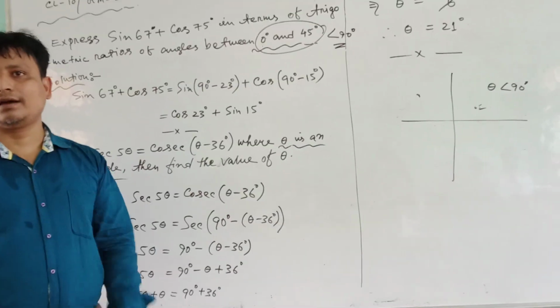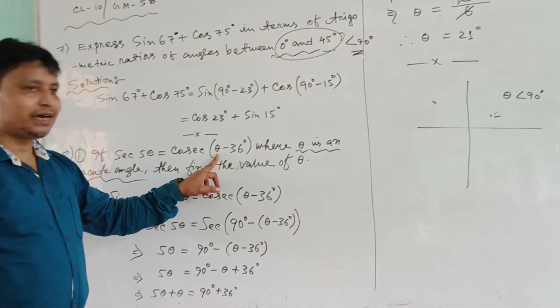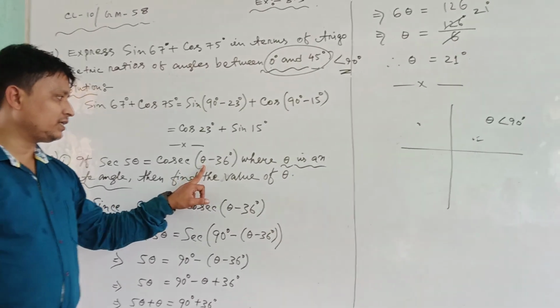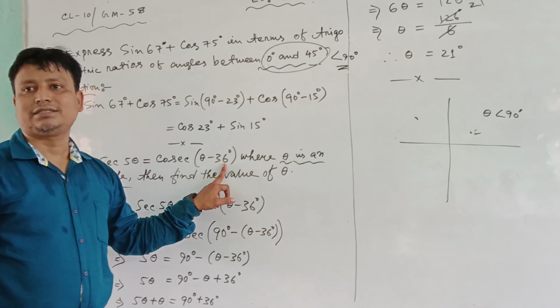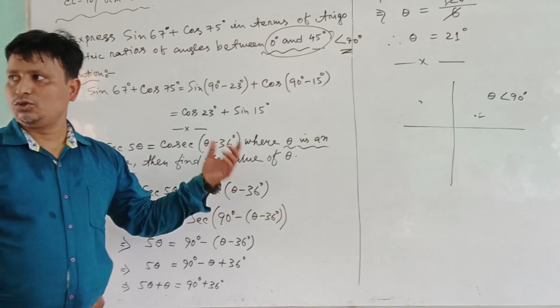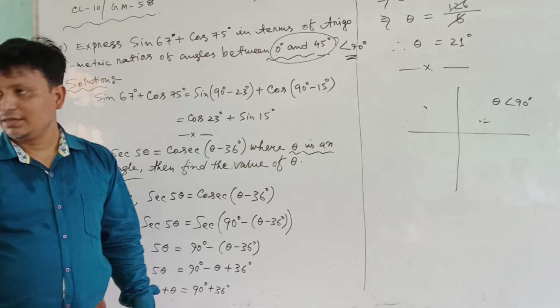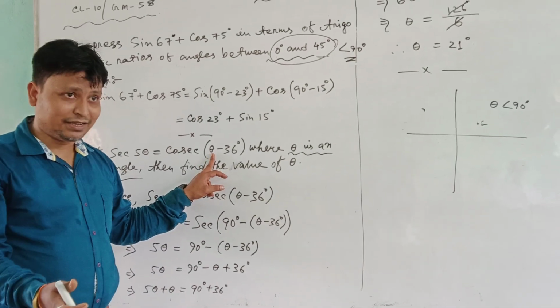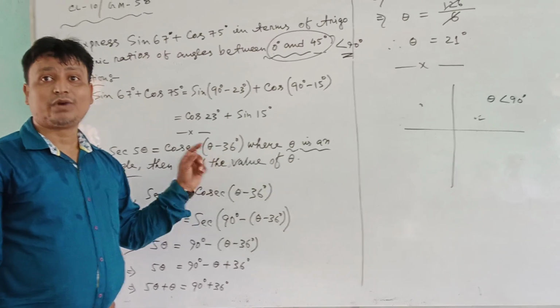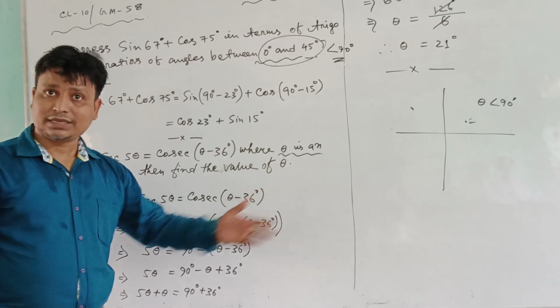Theta is an acute angle. If theta is an acute angle, that means less than 90, and from that theta again we subtract 36 degree. That means theta minus 36 degree is surely less than 90. Theta is less than 90, and if you subtract 36 degree from theta, then that also is less than 90.